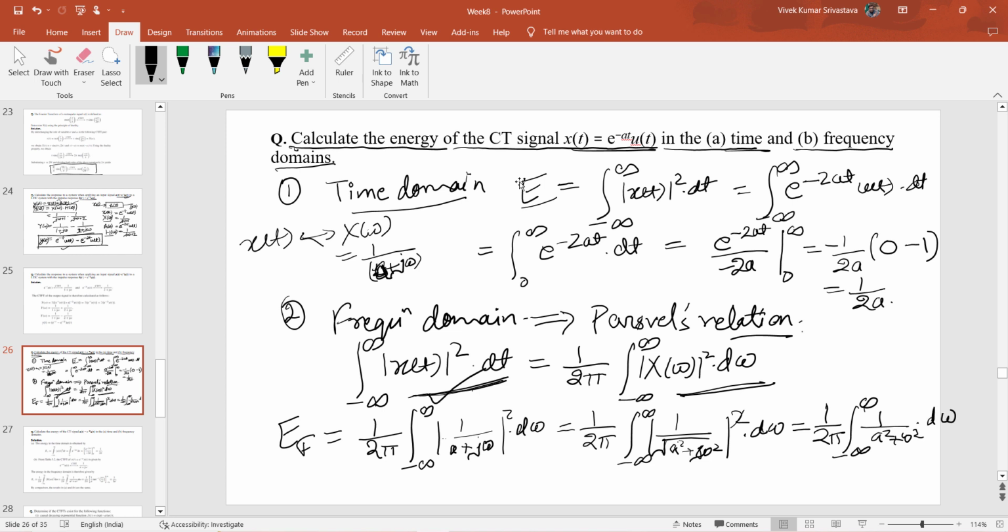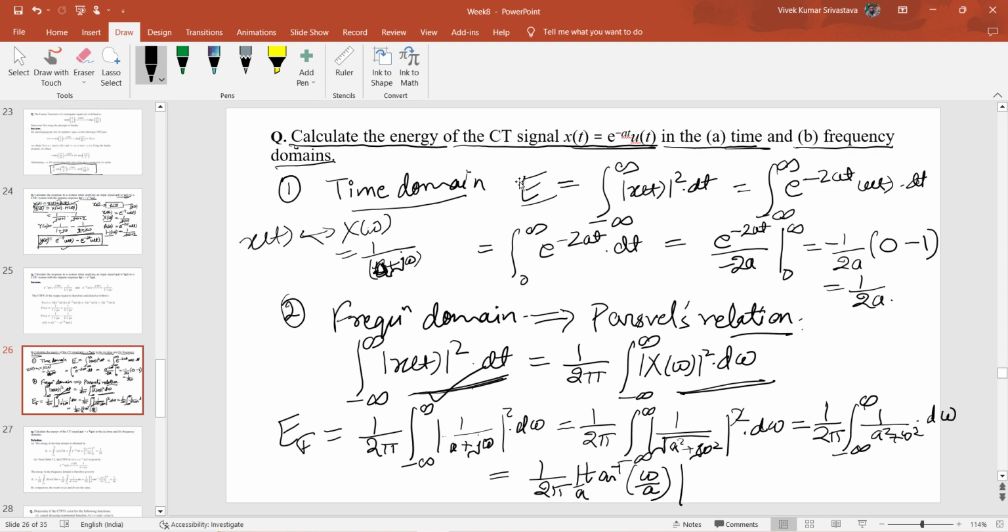So this is nothing but 1 over 2 pi times 1 over a tan inverse omega by a, and the limit is from minus infinity to infinity.